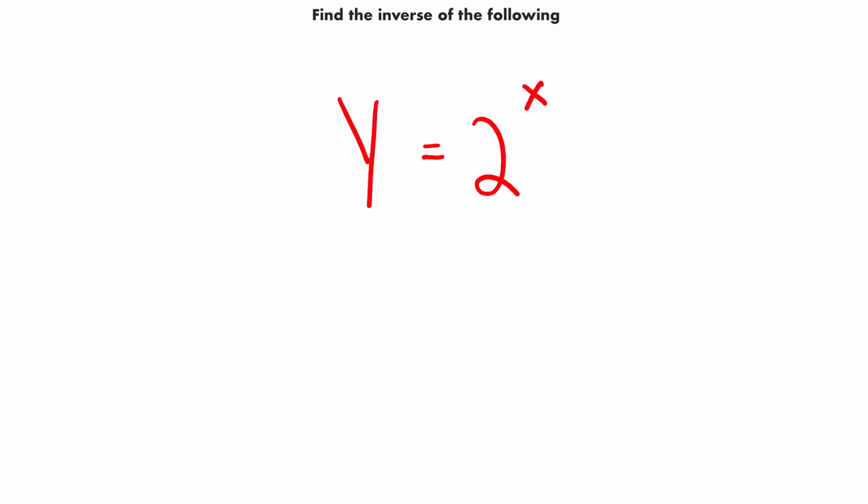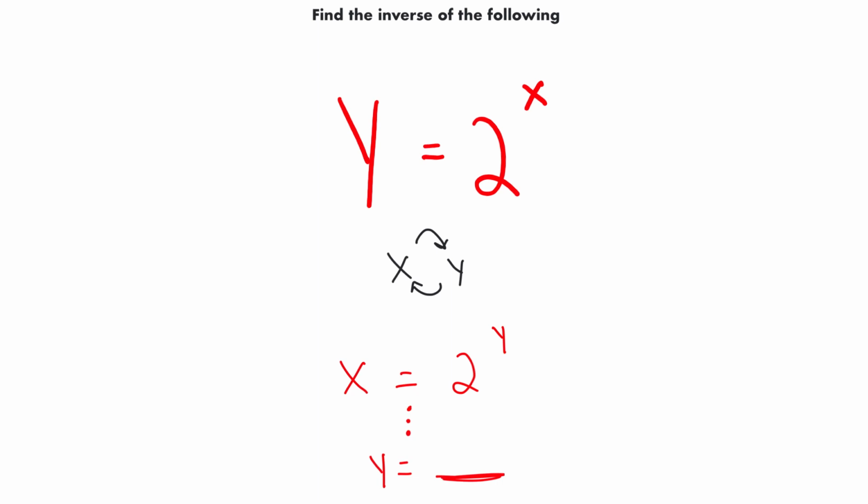To find the inverse of a function, you take the x and the y values, and you swap them. If I did that to the exponential function y equals 2 to the x, we would get x equals 2 to the power of y. My goal then would be to do some matho-magics and eventually turn this into an equation, y equals something.